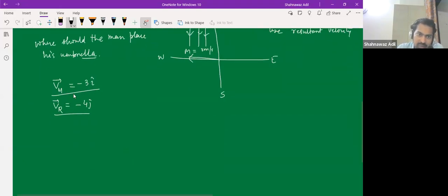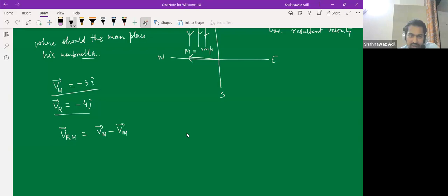Okay. Now we want to calculate. So you guys see that both are moving. So now we want to calculate the velocity of rain with respect to our man, right? So we are calculating the relative velocity because both the man and rain are moving, right? So this would be VR minus VM.